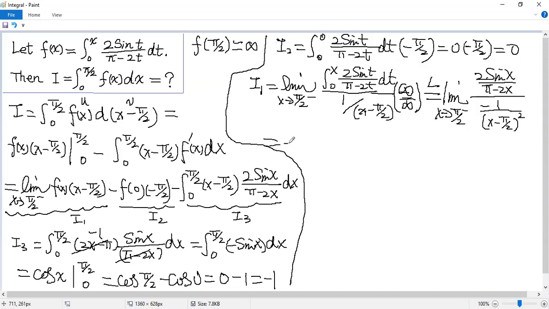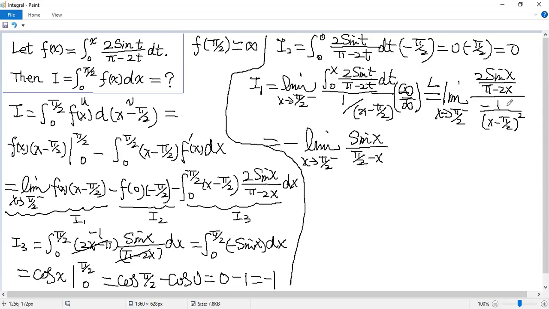So we take the negative out. For the numerator, we divide 2 for top and bottom, so I get sin x; the bottom equals pi over 2 minus x.